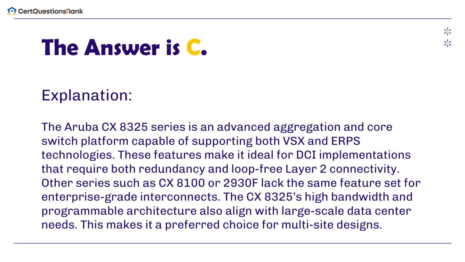Other series such as CX8100 or 2930F lack the same feature set for enterprise-grade interconnects. The CX8325's high bandwidth and programmable architecture also align with large-scale data center needs. This makes it a preferred choice for multi-site designs.